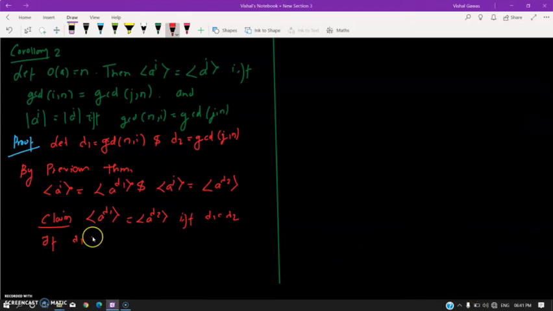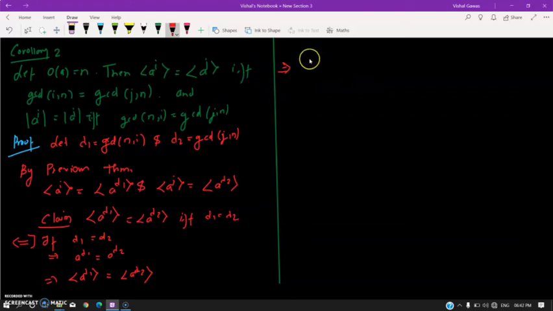If d1 is equal to d2, right, then this would imply that a raised to d1 would be the same as a raised to d2, and the matter is over, right? So this is the easy direction. The other way, let's look at the direct part. The direct part, we would have to do some work.